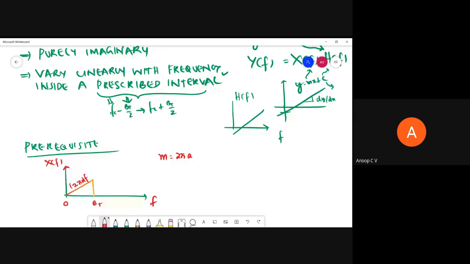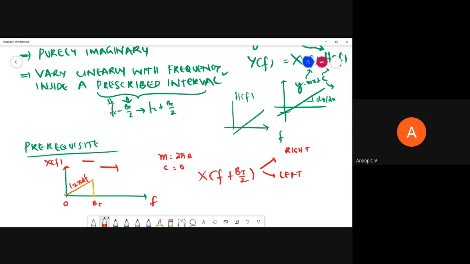Now my question is, what will be x of f plus bt by 2? It is actually a shift. Maybe you have studied time shifting of a signal. Similarly, if it is x of f plus bt by 2, my question is whether it will move right, in this direction, or it will move left.